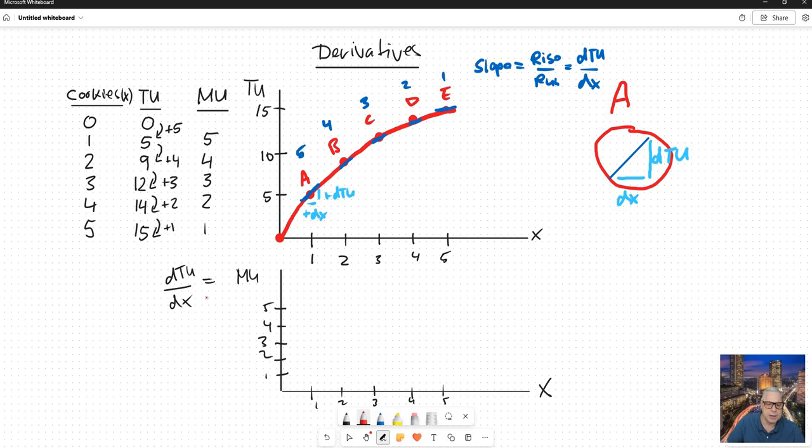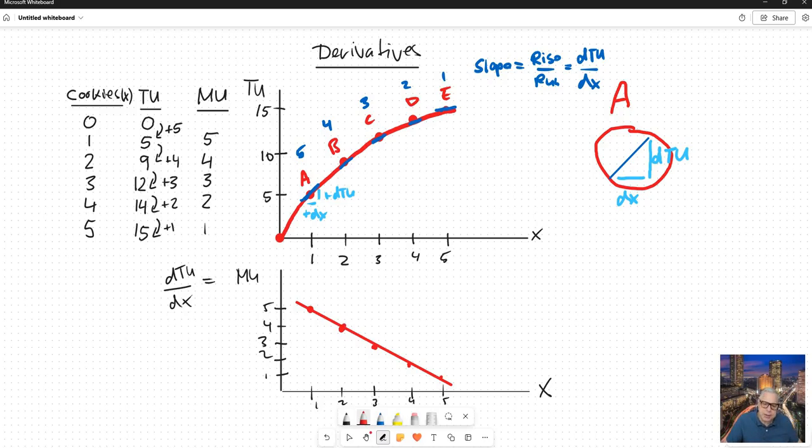So then the marginal utility is a downward sloping curve, because the marginal utility in point A, the slope here, is 5, and at 2 it is 4, and at 3 it is 3, and at the fourth point D it is only 2, and then it is 1. And then we get a marginal utility function which is such a straight line.